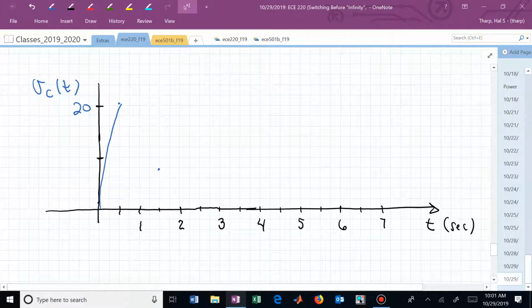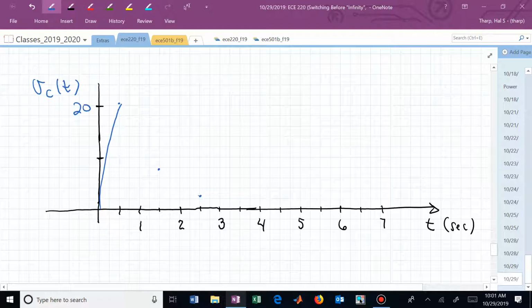Where are we next? After 2 time constants, we're at 2 beyond a half, so 2.5. Now we are e to the minus 2 times 20, and e to the minus 2 is about 0.14. We're now 14%, so we're at about 3 at 2.5.